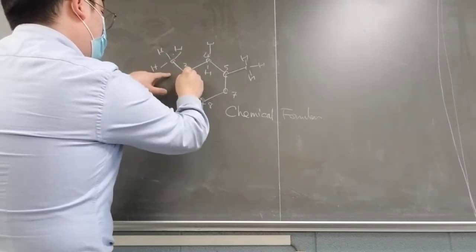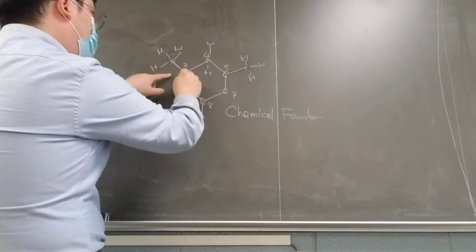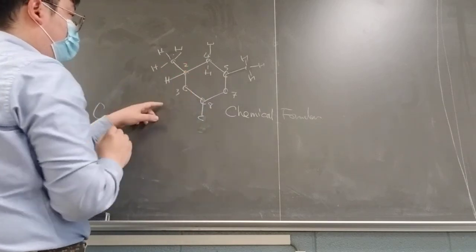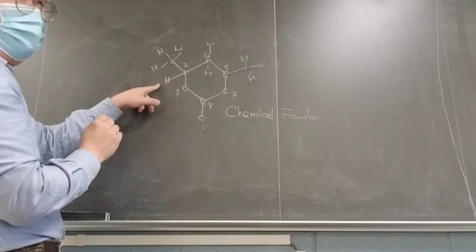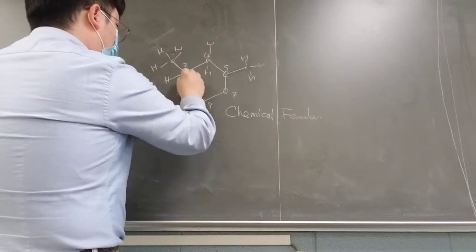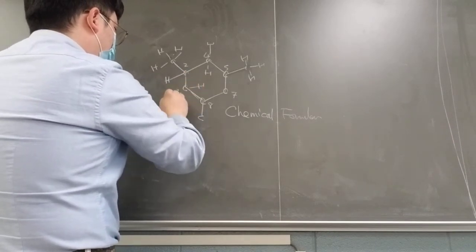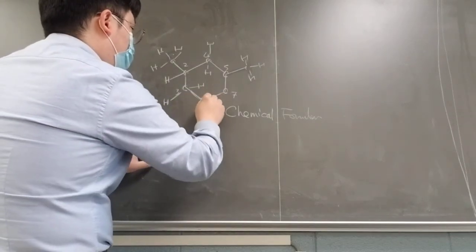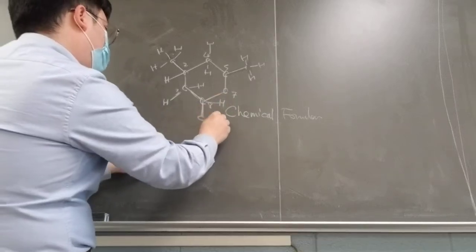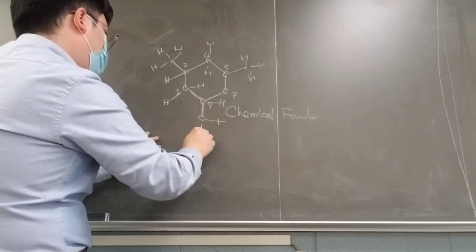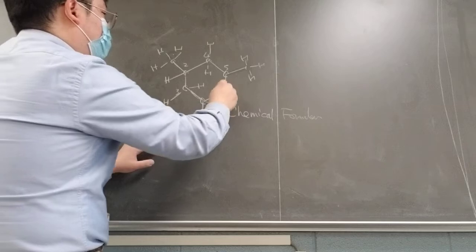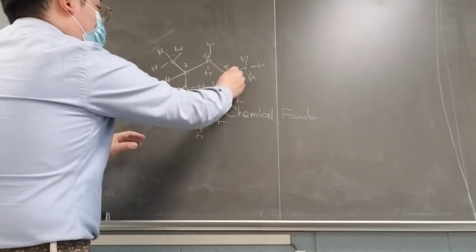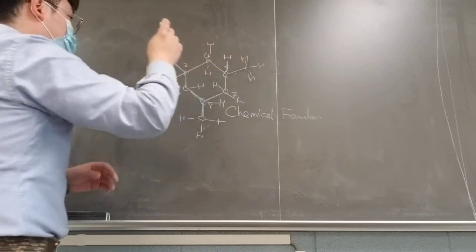This one is a bit tricky, right? 1, 2, 3, just 1 hydrogen, because there are already 3 bonds to carbons. So only 1 hydrogen is needed here. Here, 1, 2, 3, and 4. And here, 1, 2, 3, so it'll be only 1 hydrogen here too. Then 1, 2, 3, and 4, and 1, 2, 3, and 4, okay?